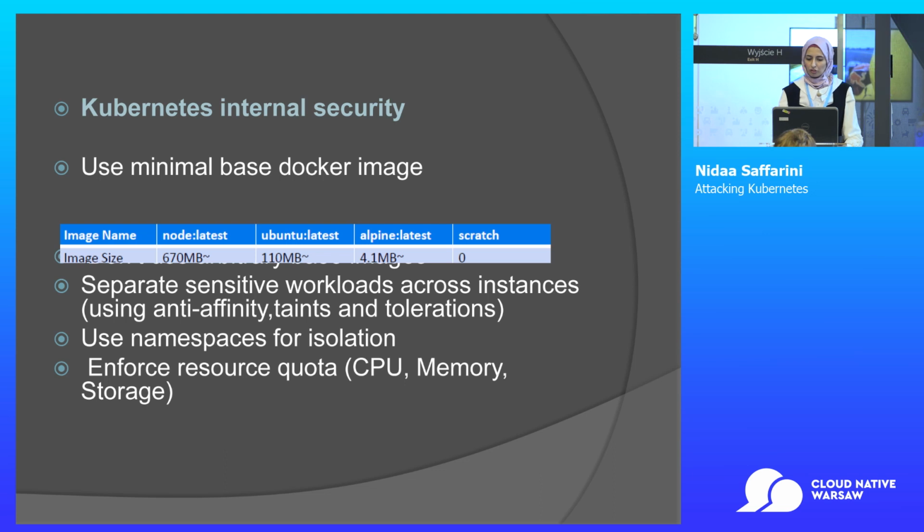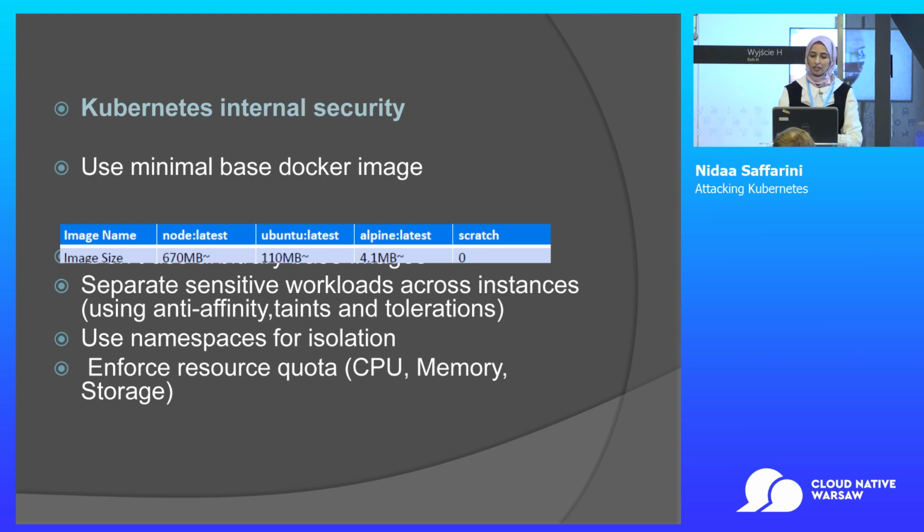And for the pod, this is a very important thing: enforce resource quota, because this is related to the pod resources. If you don't determine a resource quota, it means that you give the pod a lot of resources. And if a denial of service comes to the pod from outside, from the app, maybe it can bring the whole node down.